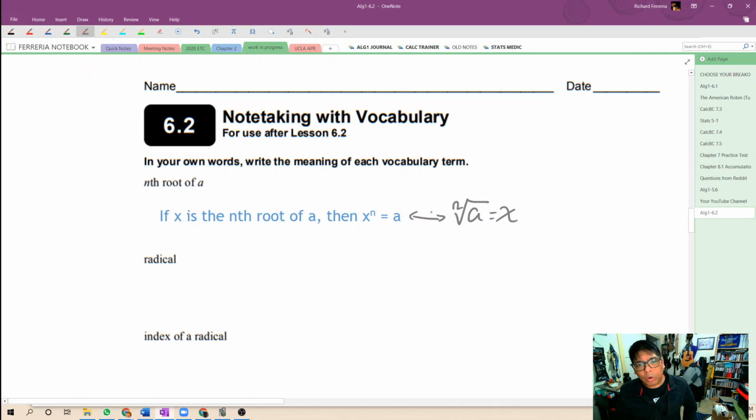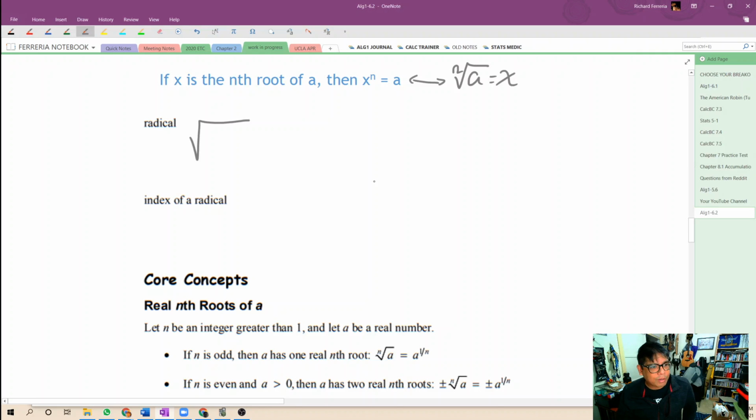So again, they work like inverse operations because they are inverse operations. Now the radical is just that sign. The index of the radical is this number right here. Whatever that number is, that's the index. Now if that index is blank, then the index is 2.